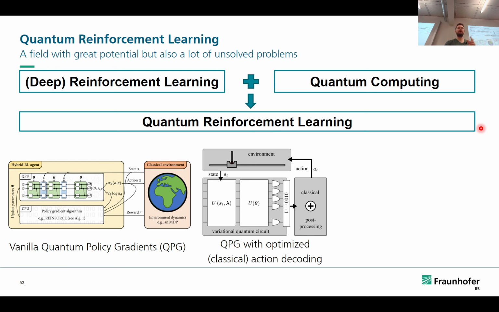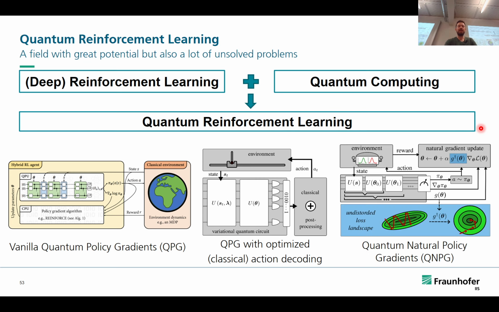Then we took a look at classical post-processing of our measurements, which improves the reinforcement learning performance. And on the last slides, we improved even further upon this by introducing second order gradients into our update routine.